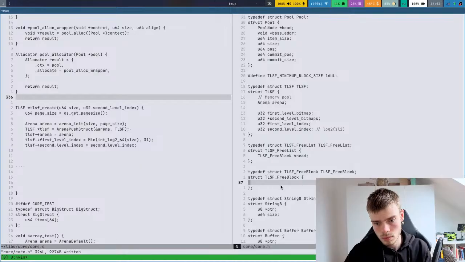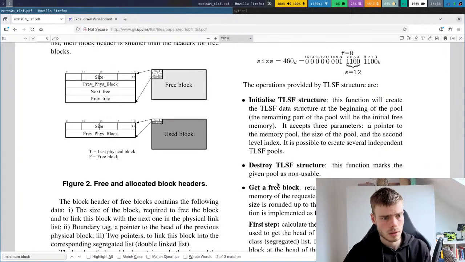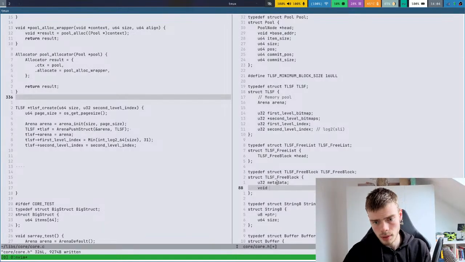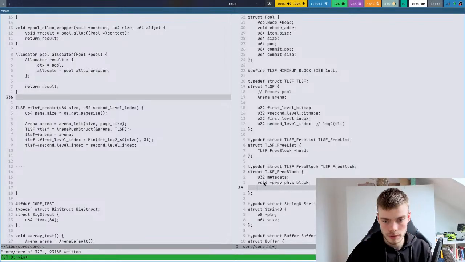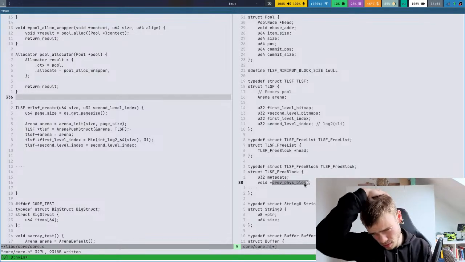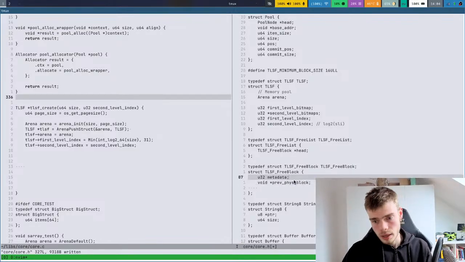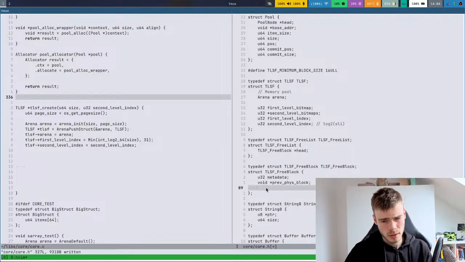So 32 metadata. A previous physical block. Well, we have to define this as well, and whether this is useful for us or not.